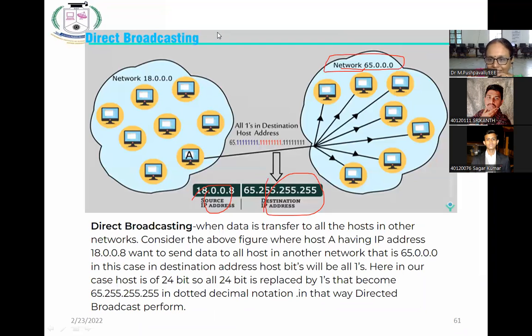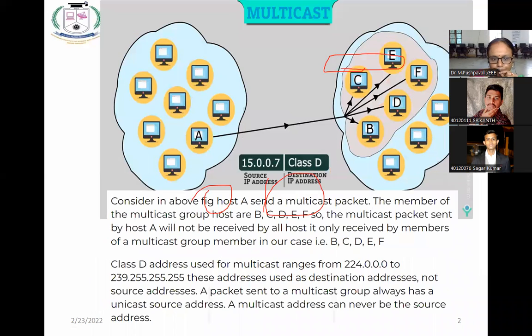But when you go to direct broadcast, all my packets will be delivered to that particular network. That will be direct broadcasting. In limited broadcasting, only the particular destination ID will receive it, but direct broadcasting means it will send to all the destination IDs. Okay.